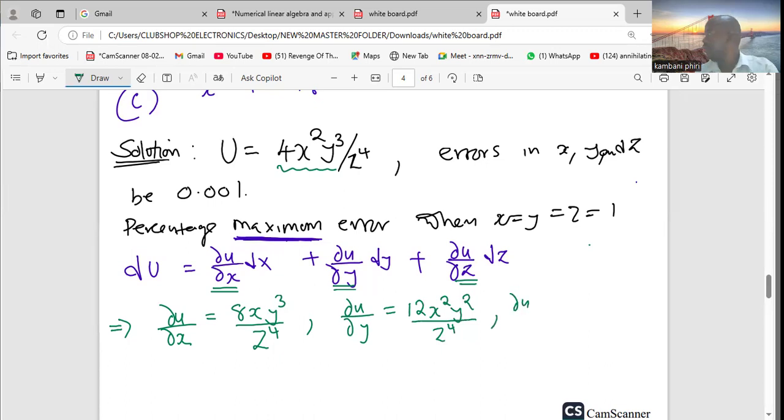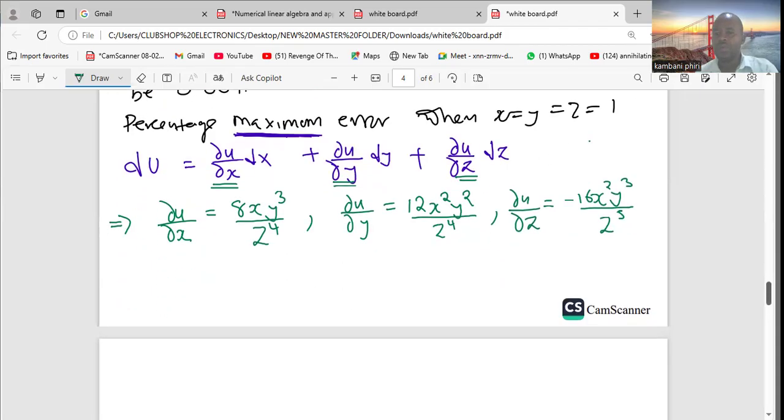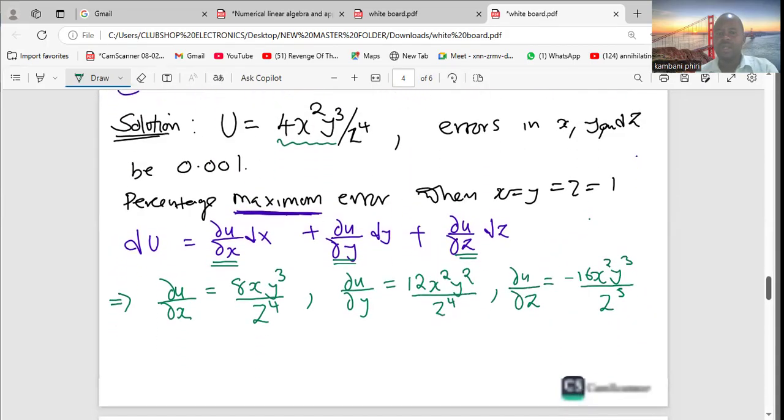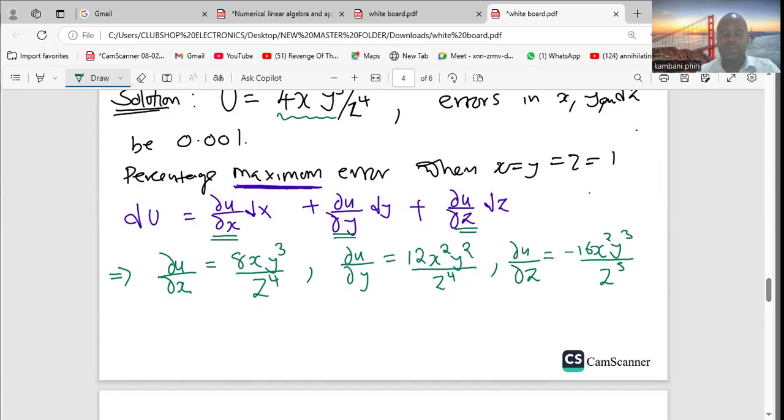Then del u del z: we differentiate u partially with respect to z. So when we do that, we are going to have negative 16 x squared y to the power 3, everything divided by z to the power 5. I hope this is okay. You may be wondering why we are getting this.